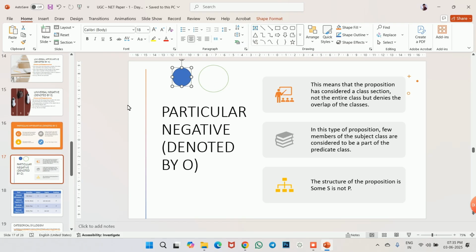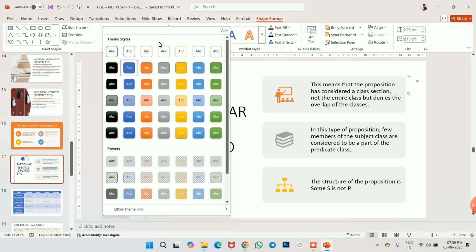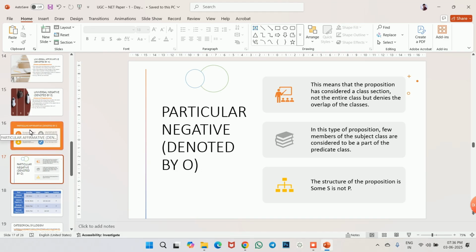And as for the particular affirmative, this is the structure. Sorry for the diagram here. Here this is the intersection. The main thing is that for particular affirmative and particular negative, this is the same diagram.